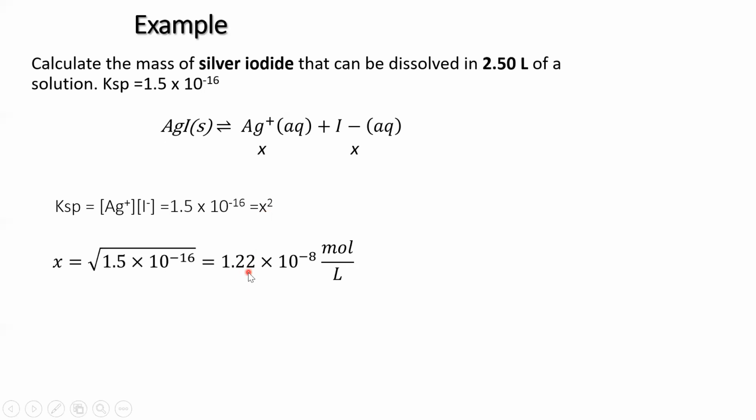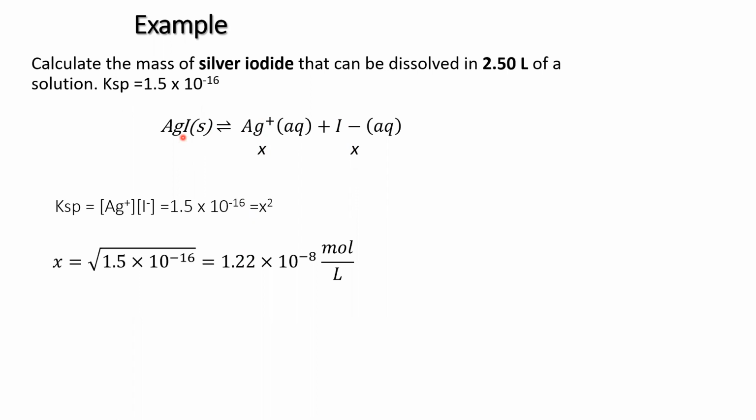So 1.22 times 10 to the -8 is the concentration of silver ions in the saturated solution. It's the concentration of iodide ions in the saturated solution. And it's also the amount of silver iodide that dissolved.